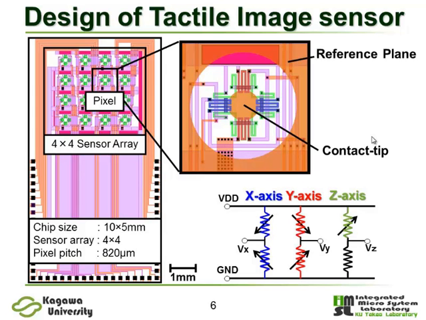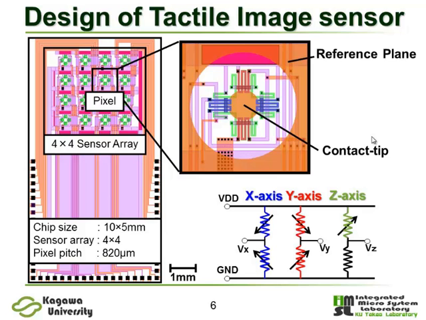Piezoresistors in the pixel are laid around the tip structure, and they correspond to the colored resistors in the 3-axis force detection circuit. From the 3-axis output, friction coefficient and surface hardness can be extracted according to the principles.